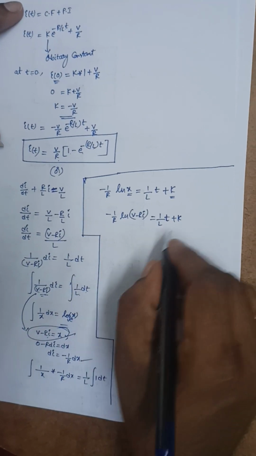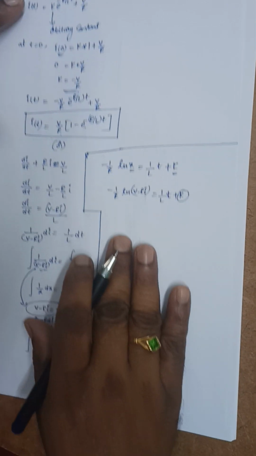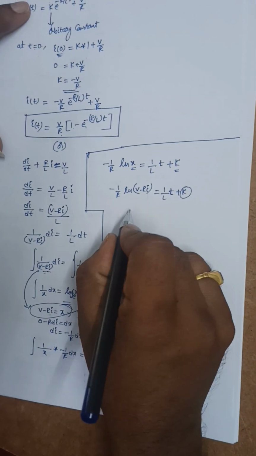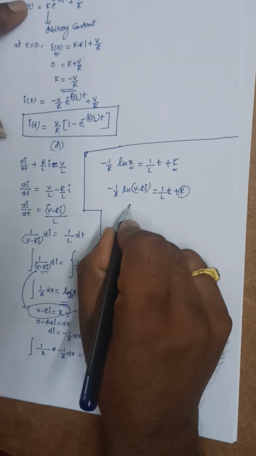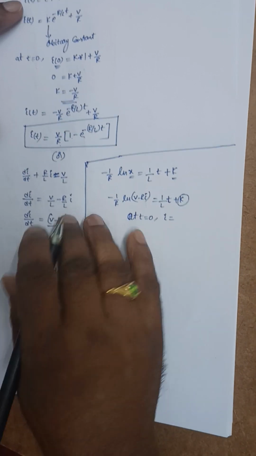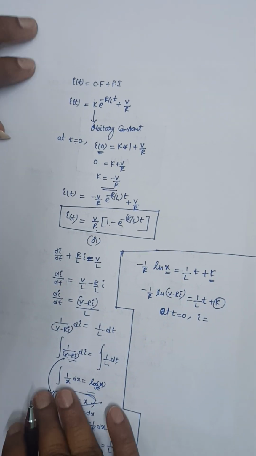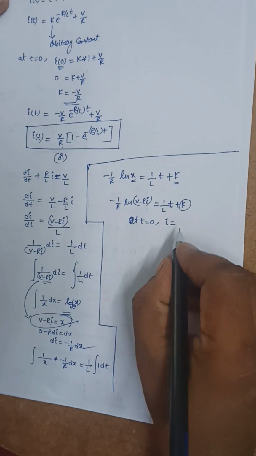To find the value of this arbitrary constant k, use the initial condition. What is that initial condition? At t is equal to 0, the value of current I is equal to 0 amperes. So I is equal to 0.